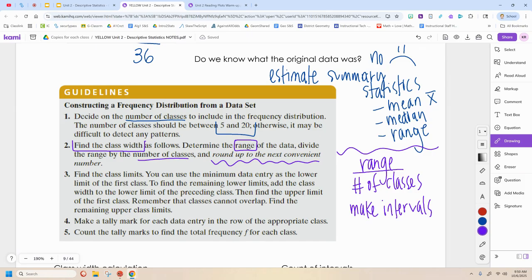And then the last thing is the tallying and counting up your tallies. So this stuff is the easy stuff. This is the step that can be difficult, because we have calculations and setting up our classes to do. Okay? All right.